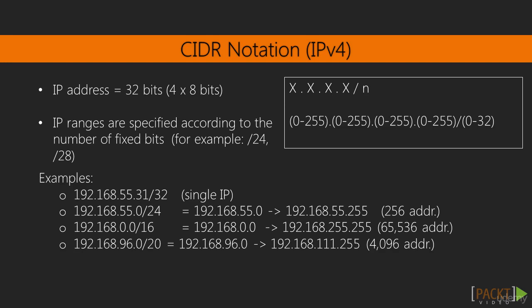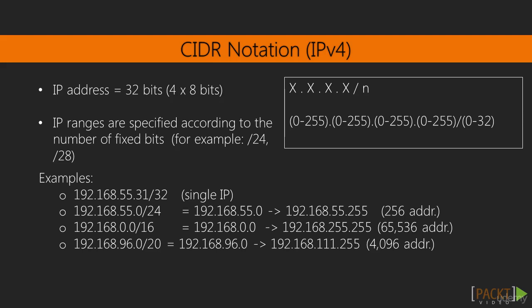When we use a /24, for example, we are saying that the first 24 bits are fixed and the remaining 8 bits are unspecified. This would give us an IP address block consisting of 256 addresses. For a /16, there would be 32 minus 16, which equals 16 unspecified bits, and so represents 65,536 addresses.